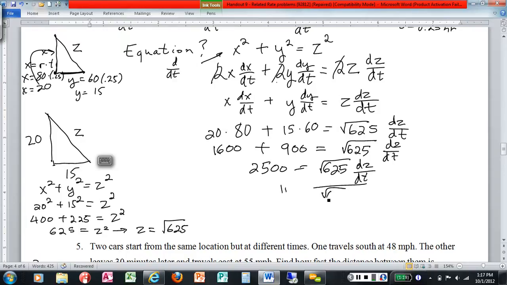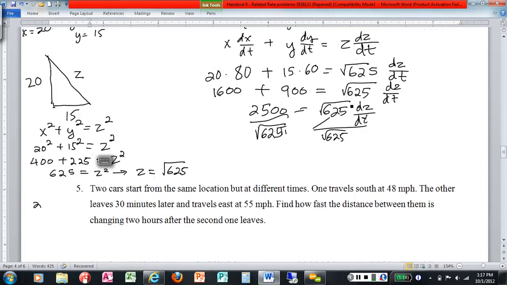Divide by the square root of 625, and so I get dz/dt, because that cancels those out. So dz/dt is going to equal 2500 divided by square root of 625, which if we want to round that off, what do you get?